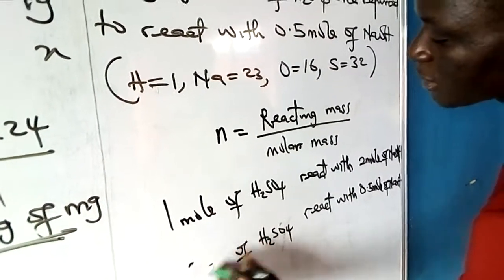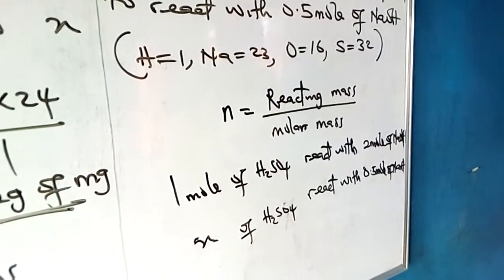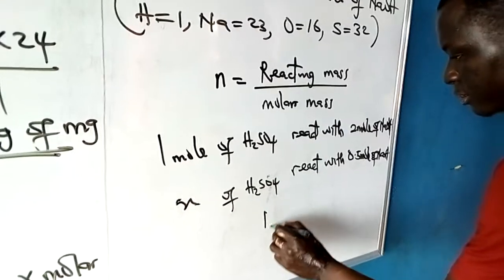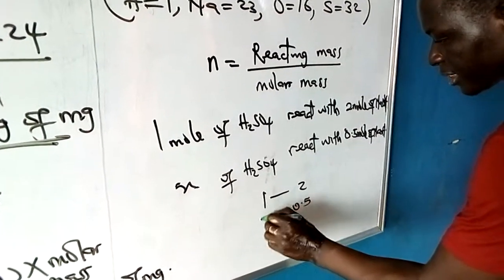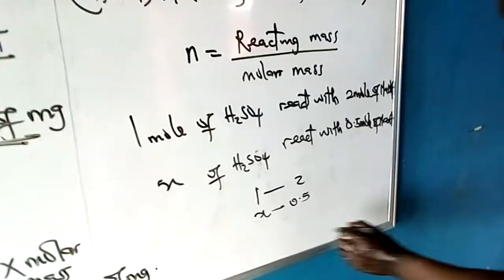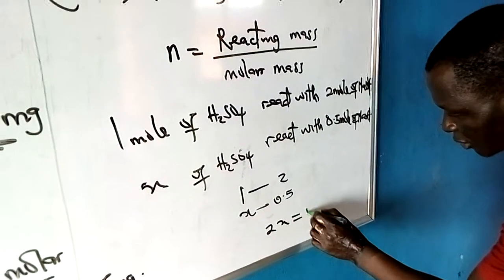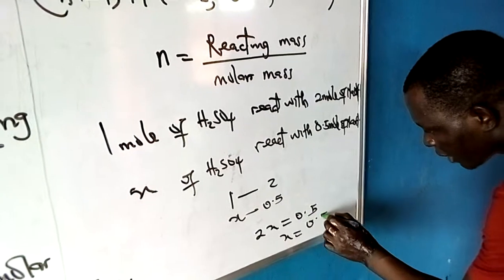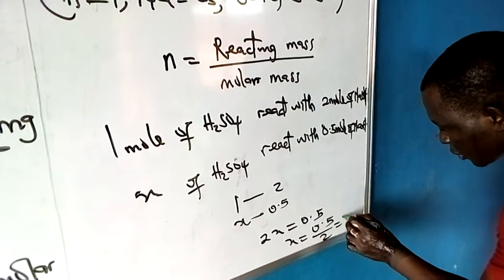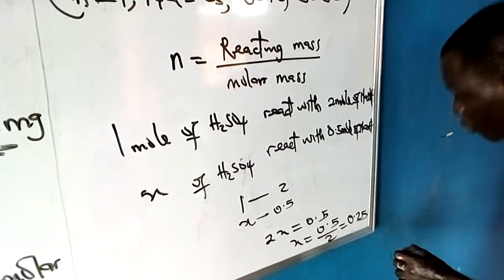You need to find the ratio first. So we have 1, 2, and we have X and 0.5. If you solve that, you have 2X equals 0.5. So X will be equal to 0.5 over 2. That gives us 0.25 mole.